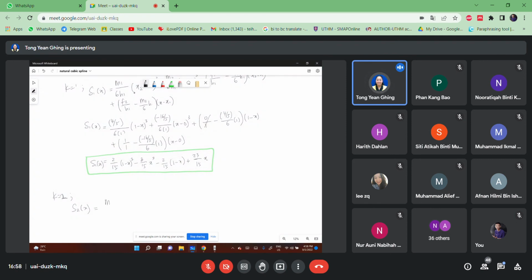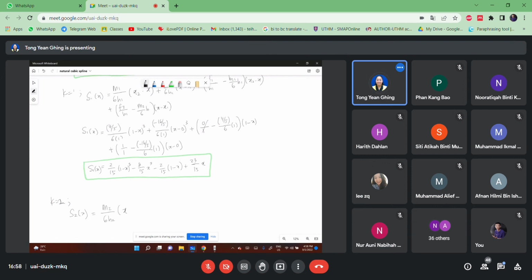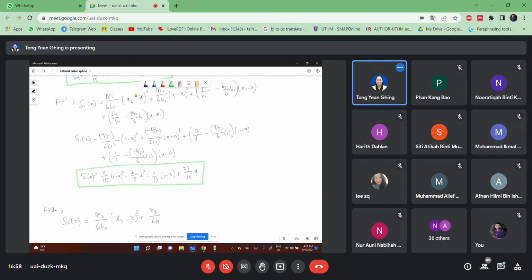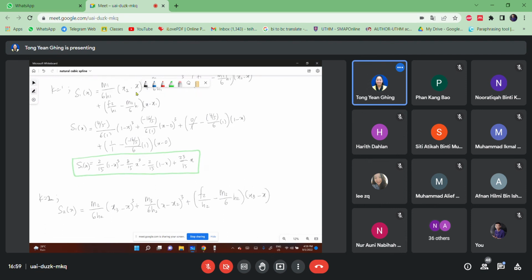So equal to M2 over 6H2, x3 minus x power of 3 plus M3 over 6H2, x minus x2 power of 3 plus F2 divided by H2 minus M2 times H2 over 6, x3 minus x, plus F3 over H2 minus M3 over 6 H2, times x minus x2.